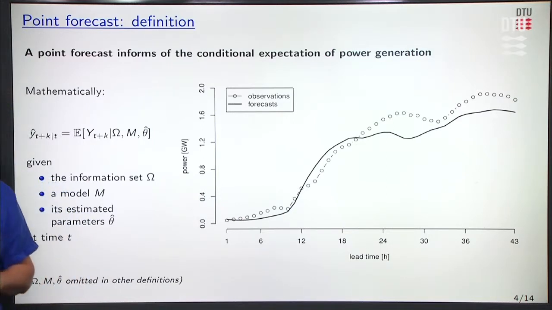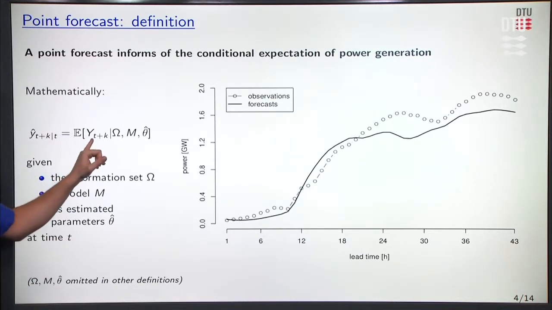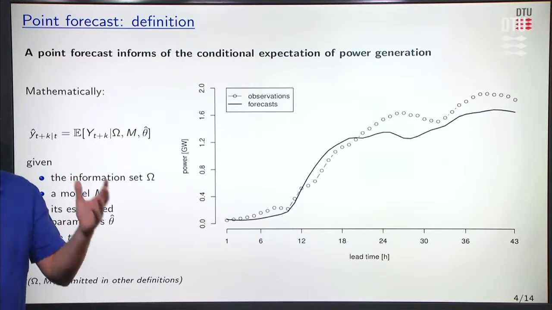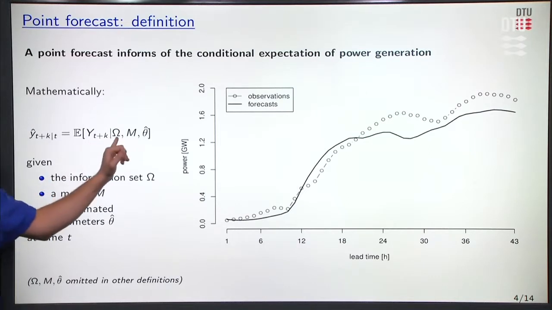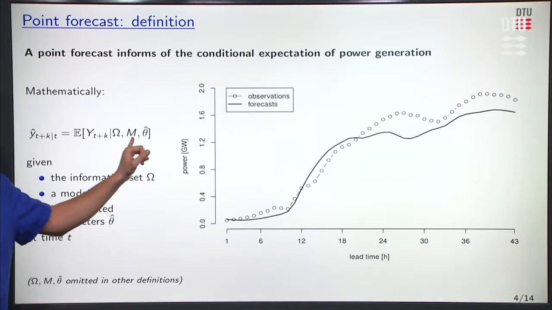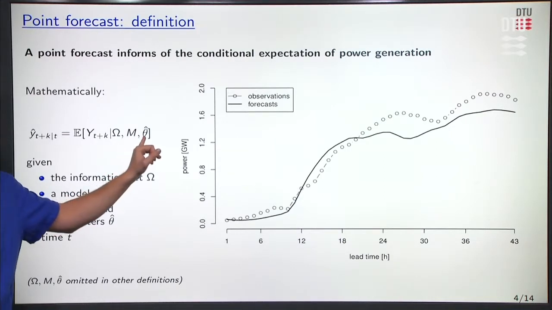Actually, if you think of it, and if you look at renewable power generation as a random variable, as a stochastic process, the statement you're making with a point forecast is that you're making a forecast of the expectation of that random variable, so the average, you could say, of what could happen, given your information set, gamma: a model that you've used for forecasting, and then eventually a set of parameters that you've learned.